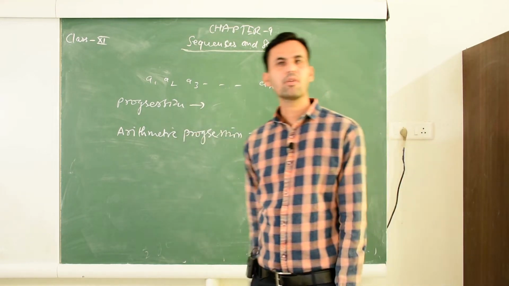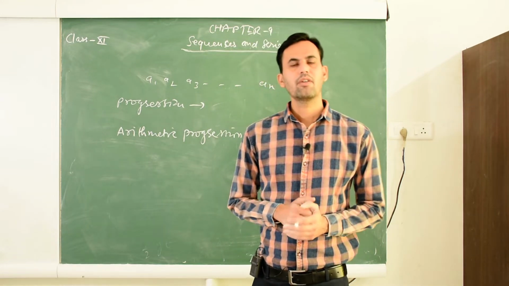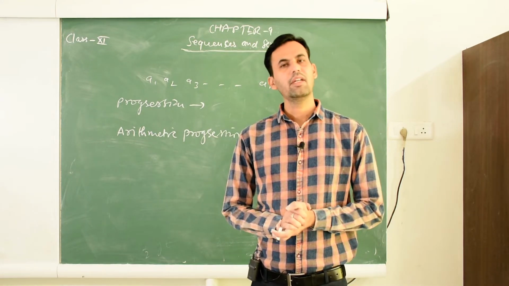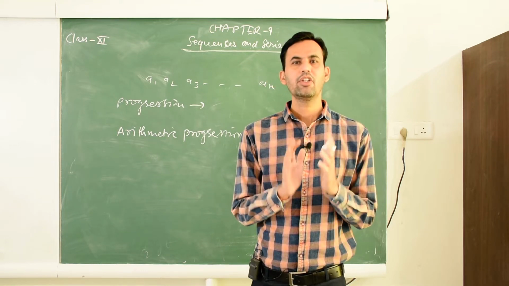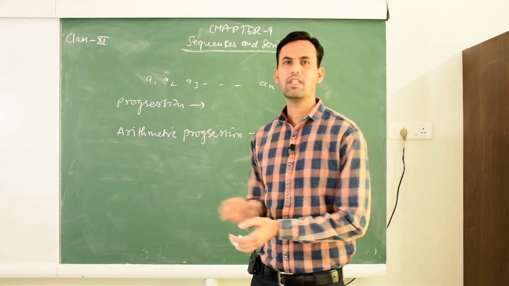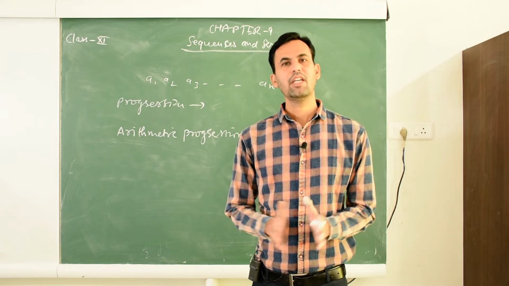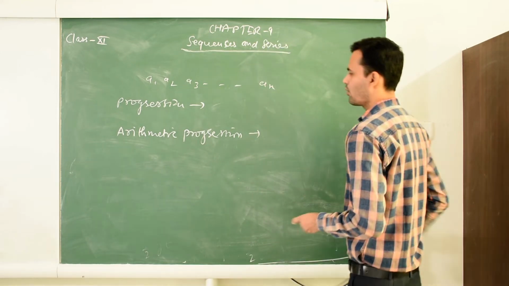What is arithmetic progression? If a sequence is arranged in a definite order in a certain pattern and the difference between any two numbers is always equal, then it is called arithmetic progression. It means the difference between any two numbers is the same in this progression.